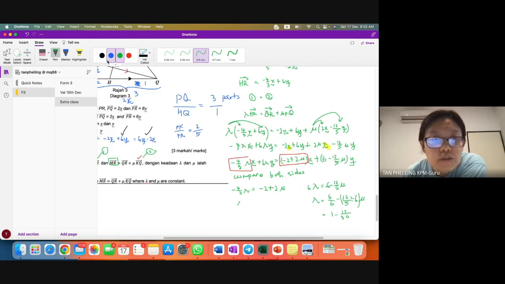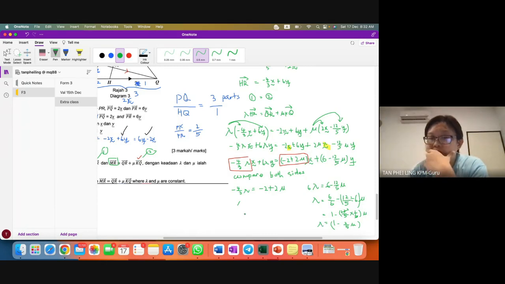Okay, so I should do one more line, maybe better. Okay, so here I'm going to make it become 12/5 times 1/6. Do slowly. Okay, mu. So happily I will have 1 minus this one, 2 can simplify, so I have 2/5 mu. Okay, so that's my lambda.